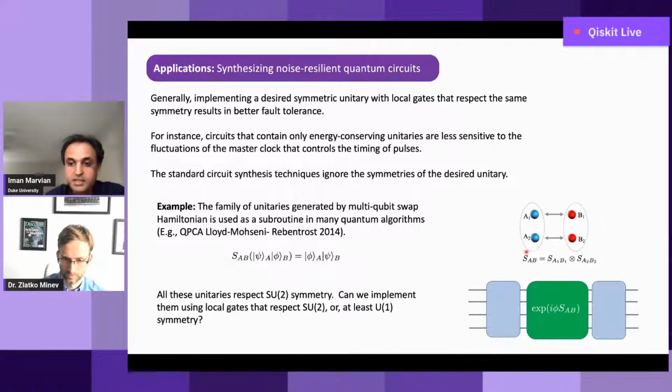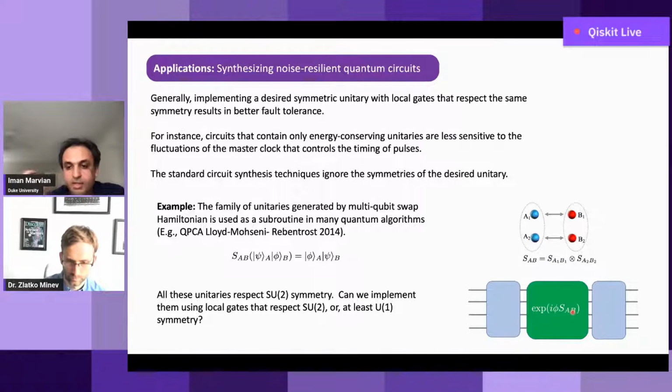Now, think about this multi-qubit swap Hamiltonian. I have 4 qubits, 2 qubits in system A, 2 qubits in system B, and I want to swap A1 with B1, A2 with B2. So this operator, as a Hamiltonian, generates this family of unitaries, exponential of swap.